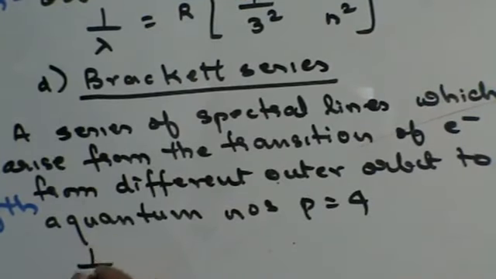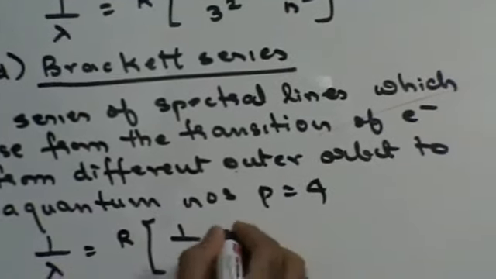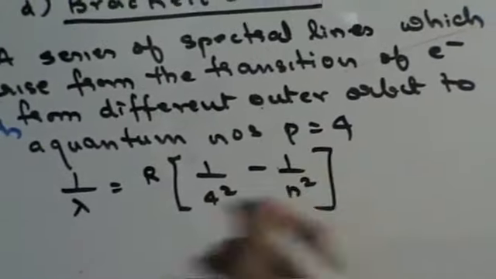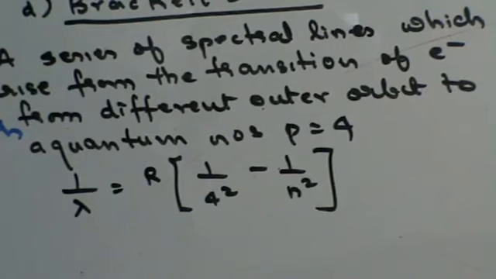Hence I can say that 1 upon lambda is R times (1 upon 4 square minus 1 upon n square), right? Brackett series is obtained in the far infrared region, so they are deeply embedded in the infrared region, right?